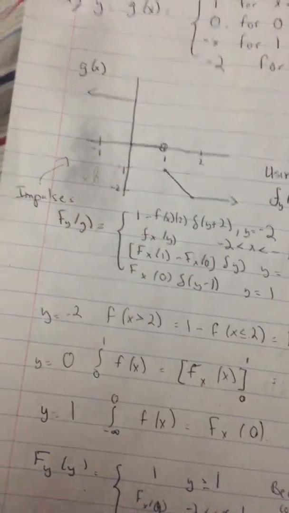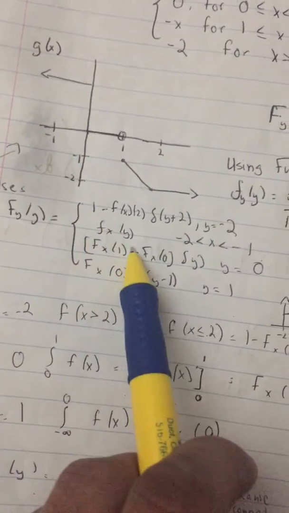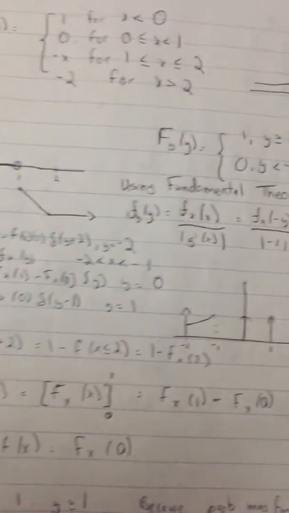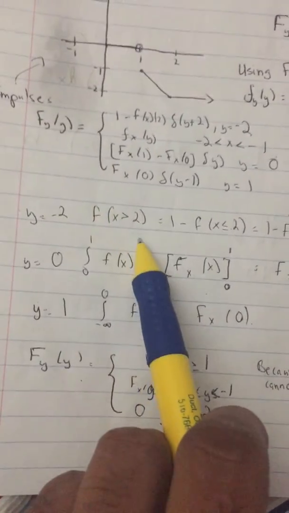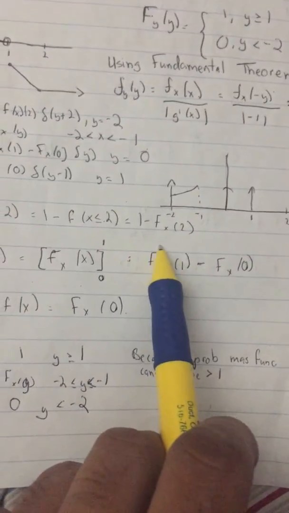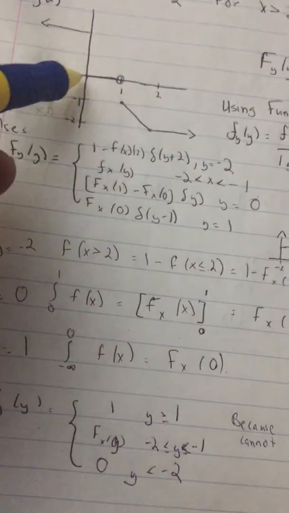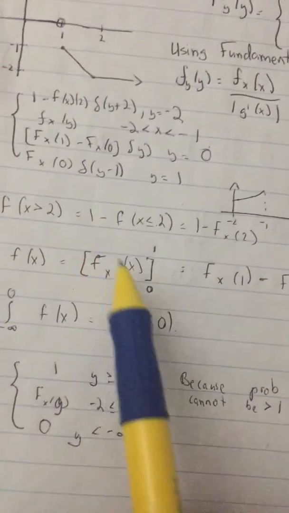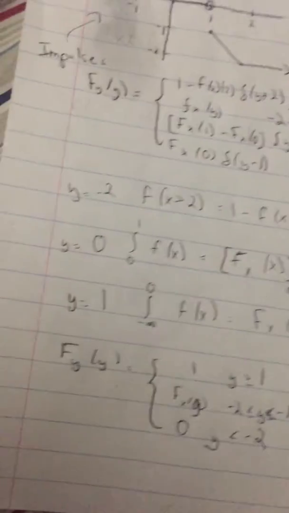Alright, so following that, these are all impulses. We can see that f_Y of y, and these impulses follow these intervals, and I'm going to show you the calculations for them right now. When y equals negative 2, P of x greater than 2 equals 1 minus P of x less than or equal to 2, which we can just write as 1 minus big F of x at 2. Y equals 0 from 0 to 1, so this will be the interval right here, from 0 to 1, f of x, which equals big F of x from 0 to 1, which we can just write as F of x at 1 minus F of x at 0.